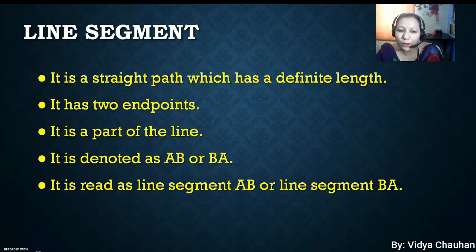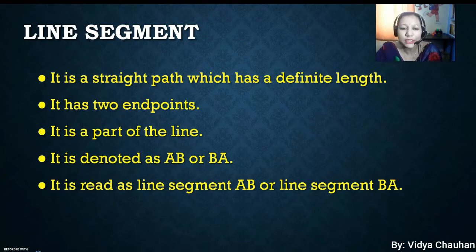It is a part of the line and it is denoted as AB or BA. But what is the difference between line AB and line segment AB? The sign of the arrow. Both sides have an arrow sign. When we write with an arrow sign, that means it is line AB.